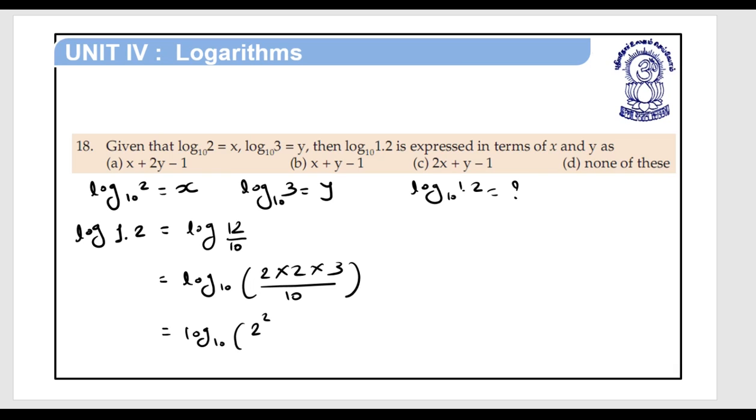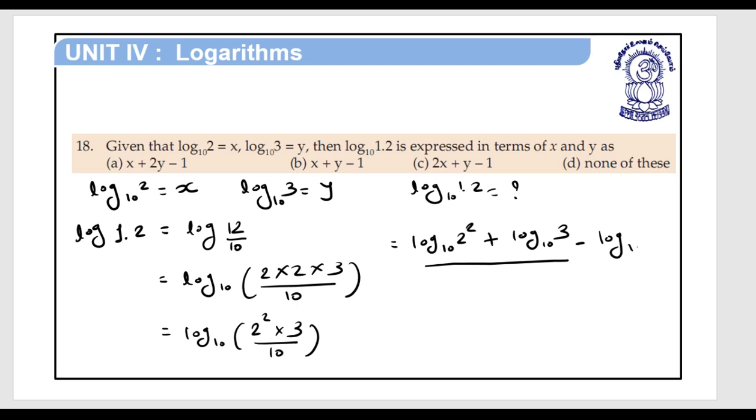2 square into 3 by 10 is equal to log 10 2 square, multiplication means plus, log 3, minus division, so minus log 10 to the base 10. 2 into log 2 to the base 10 plus log 3 to the base 10 minus log 10 to the base 10 is equal to 2 into log 2 given x, 2x plus log 3 is given y minus, here log 10 to the base 10 is equal to 1.